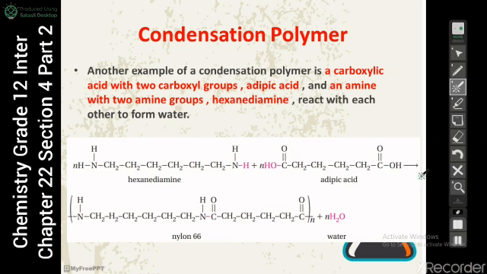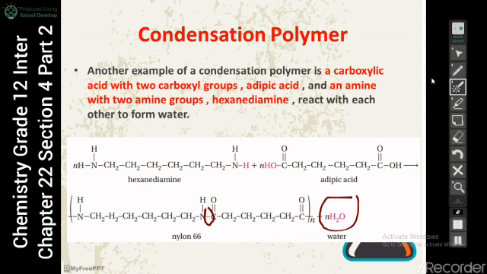It's going to combine or condense together. The hydroxide, OH from the carboxyl group, and the hydrogen from the amine are going to link here and lose a water molecule. This process is repeated more than one time.